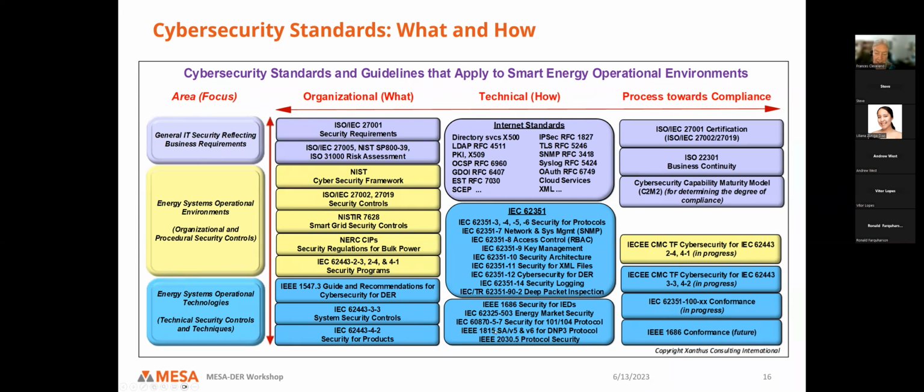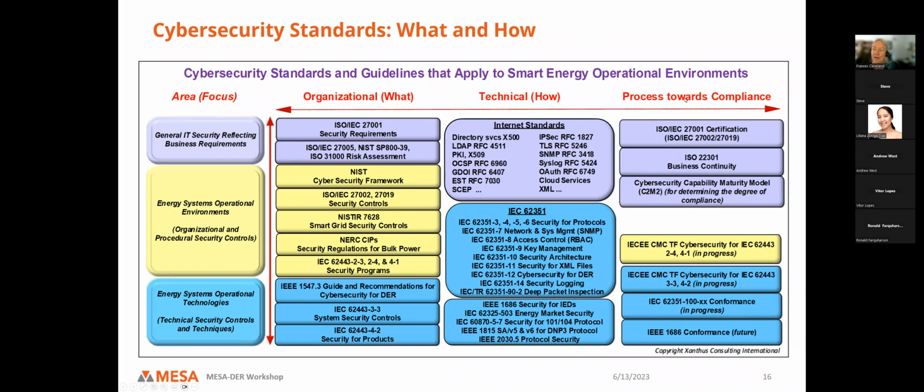And you'll see that listed down here is also IEEE 1815, version 5 and version 6 for DNP protocol. Andrew West will get into this in a lot more detail later on. But as you can see, it's important to have this what and how.